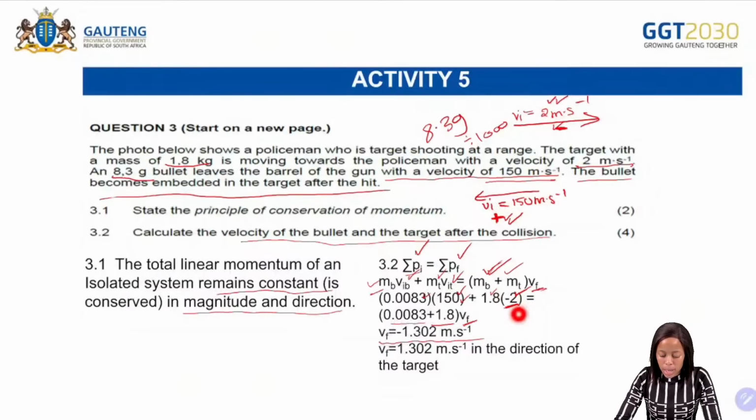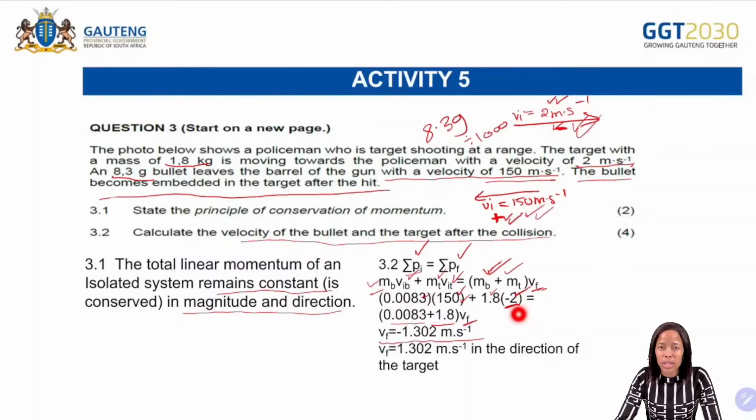And then if we're getting a negative answer, we said a negative answer is towards what? A negative answer will be moving towards the person, because we chose that direction as negative, and a positive one means it's going to be moving towards the target.